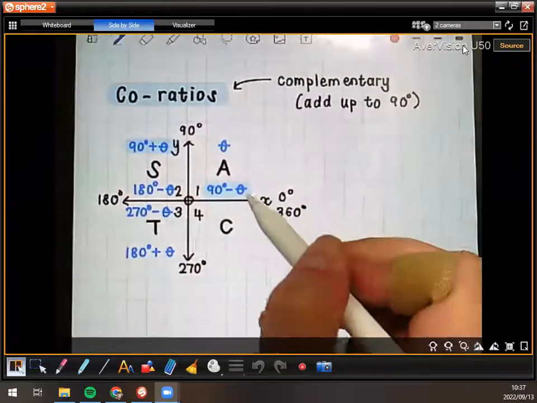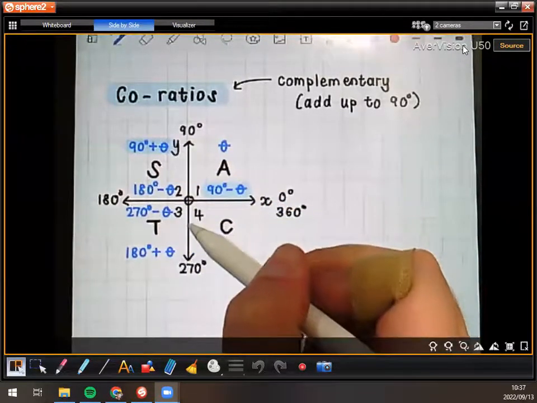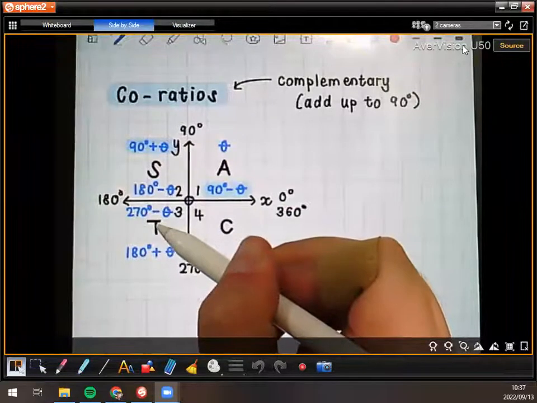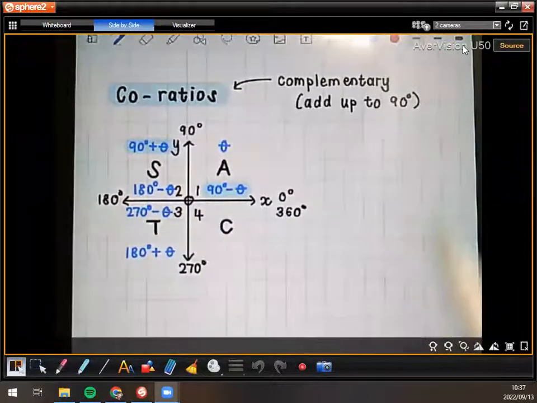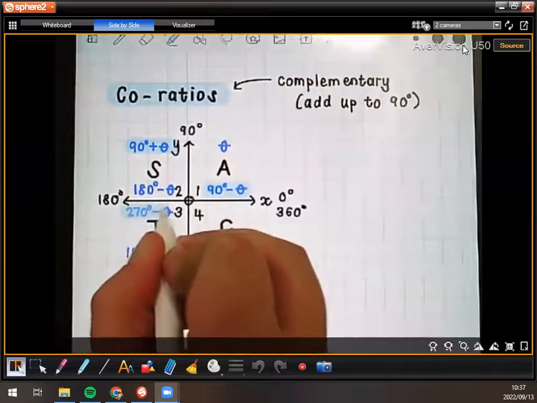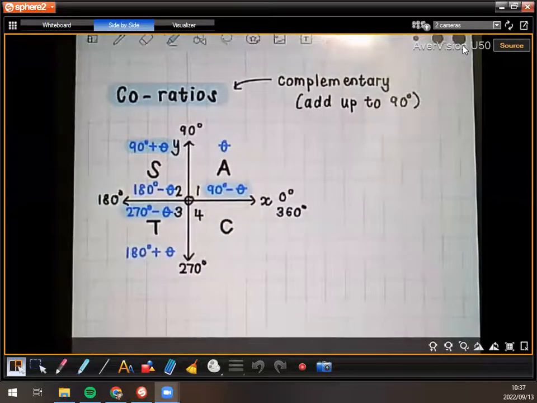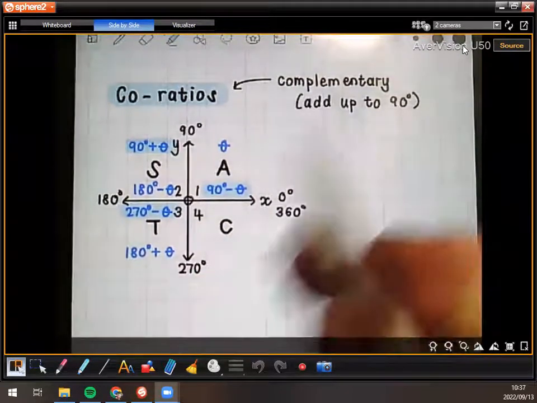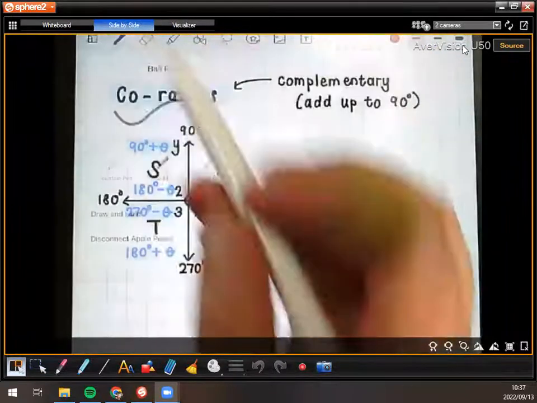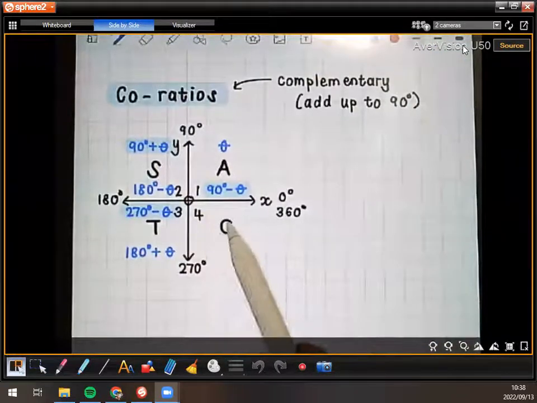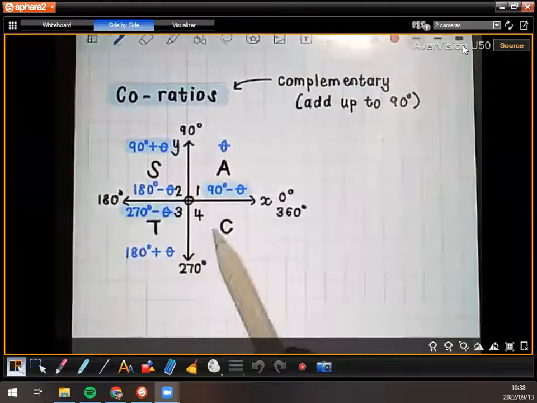If you're going from 0 all the way to 270, and then you are subtracting an acute angle, that will land you in the third quadrant as well. But like I said, we don't actually need to use that one. All right, and then how could I use 270 to express an angle in the fourth quadrant?